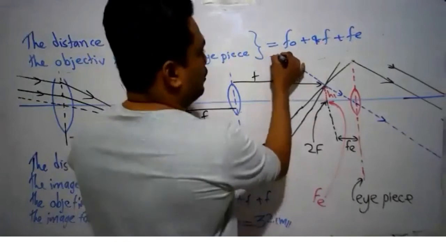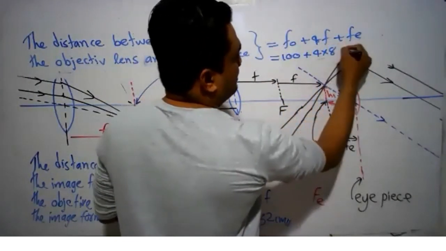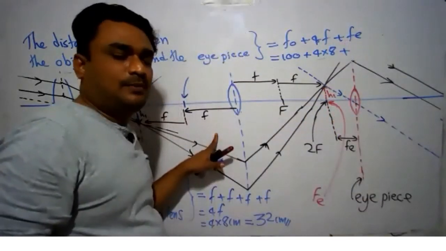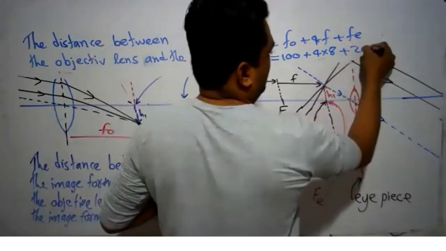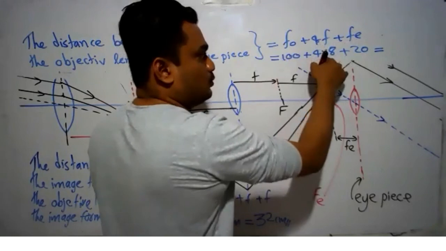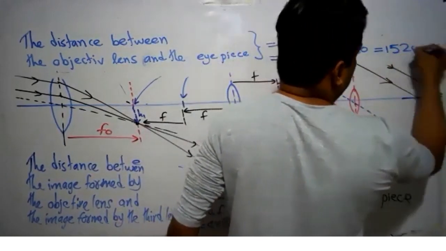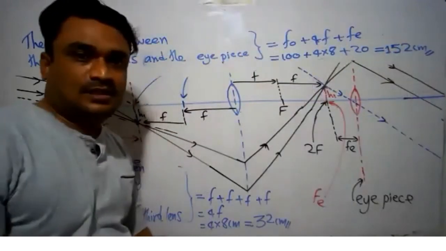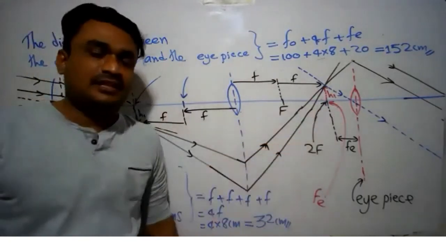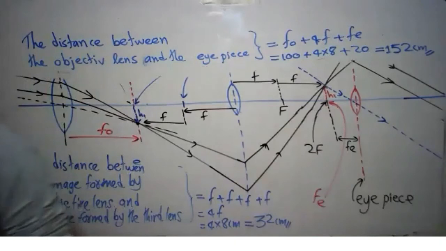F naught is 100 centimeters, 4F is 4 times 8, which is 32, plus Fe, the focal length of the eyepiece lens, 20 centimeters. So 132 plus 20 means 152 centimeters. The gap between the objective lens and the eyepiece lens after the third lens is inserted between them is 152 centimeters.